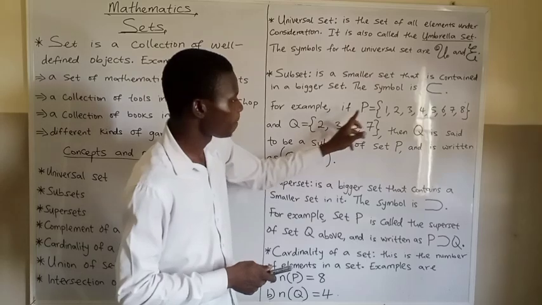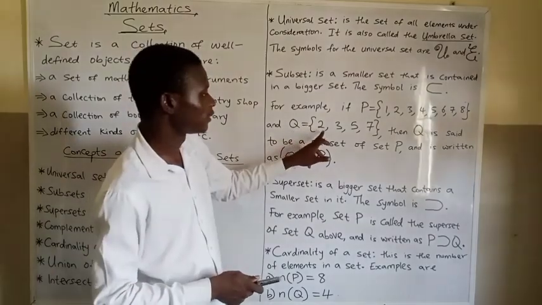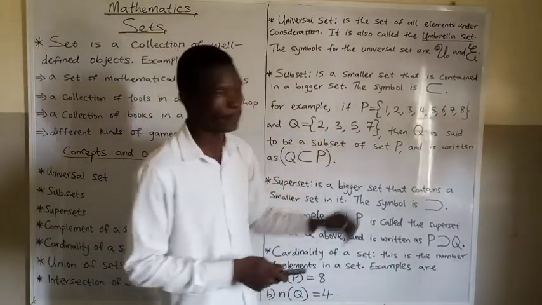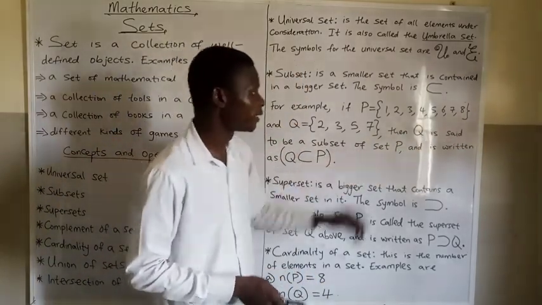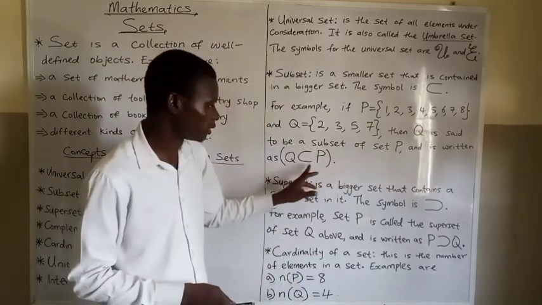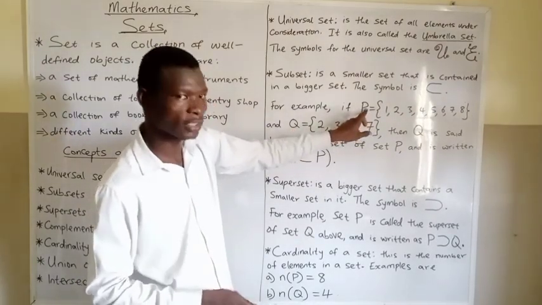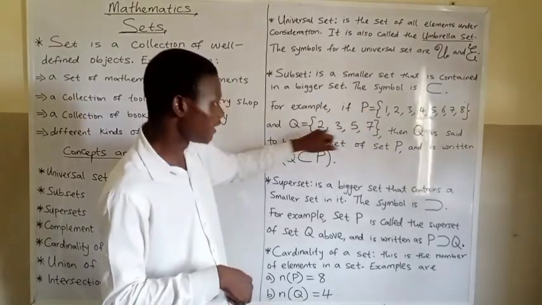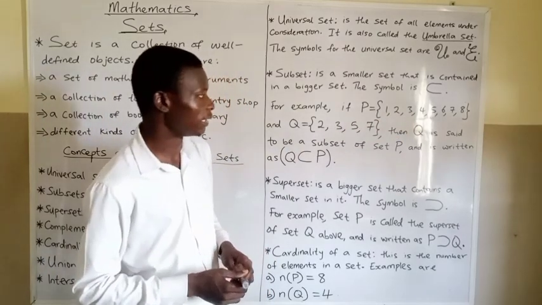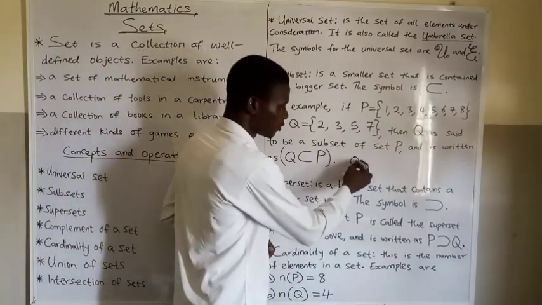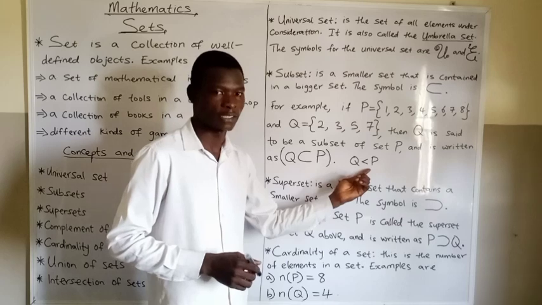For example, if P is the set 1, 2, 3, 4, 5, 6, 7, 8, and set Q is the set of 2, 3, 5, and 7, then Q is said to be a subset of set P and is written as Q is a subset of P. That tells you that Q is a smaller set than set P. Not just smaller, every element in Q is also contained in P. So you look at it in this format: Q is less than P. I believe you're familiar with this symbol.